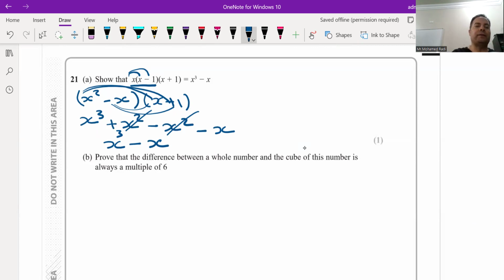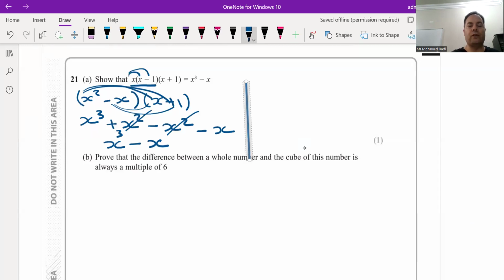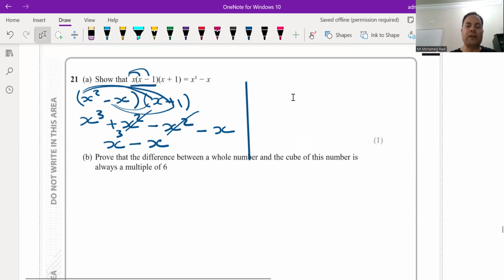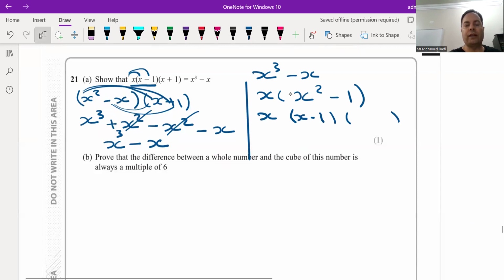In this question, especially, it's easy to start from left to right or from right to left by using the factorization method. If we start with x cubed minus x, taking x outside as common will be x times x squared minus 1. Now, x squared minus 1 is called a difference between two squares, so x minus 1 and x plus 1.